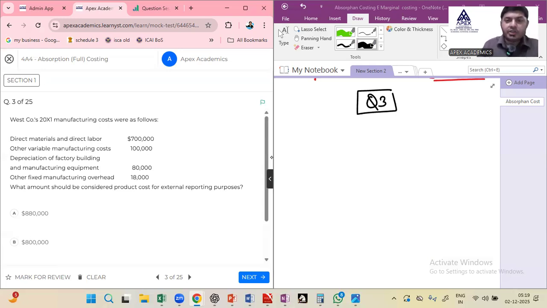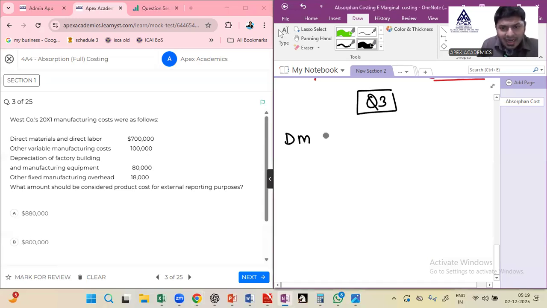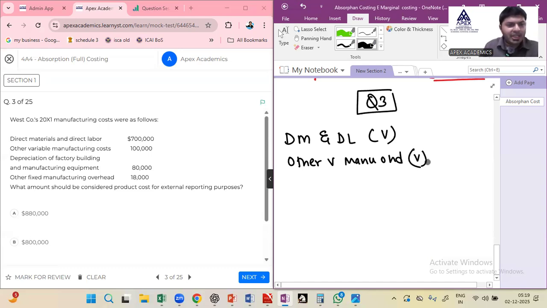Now, what would I do is, I would list down direct material and direct labor as variable manufacturing cost. Of course, I have my other variable manufacturing overheads. They are also of a variable nature.